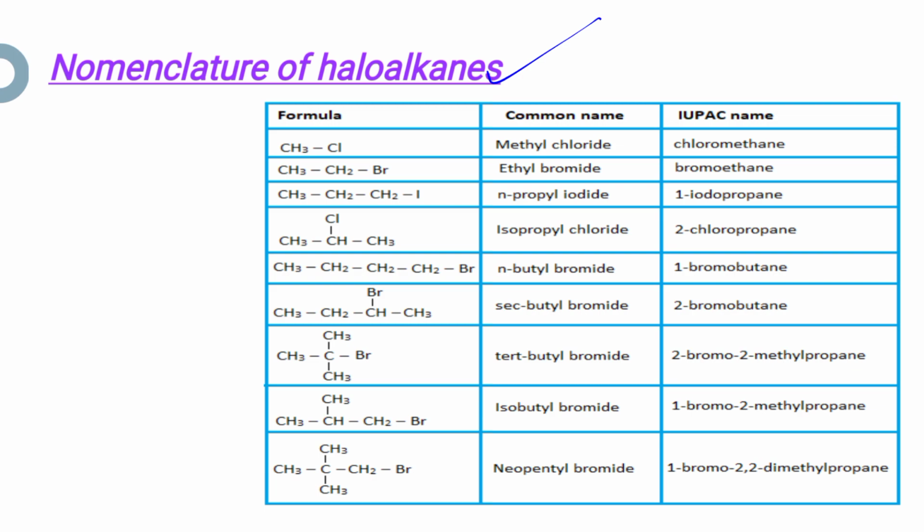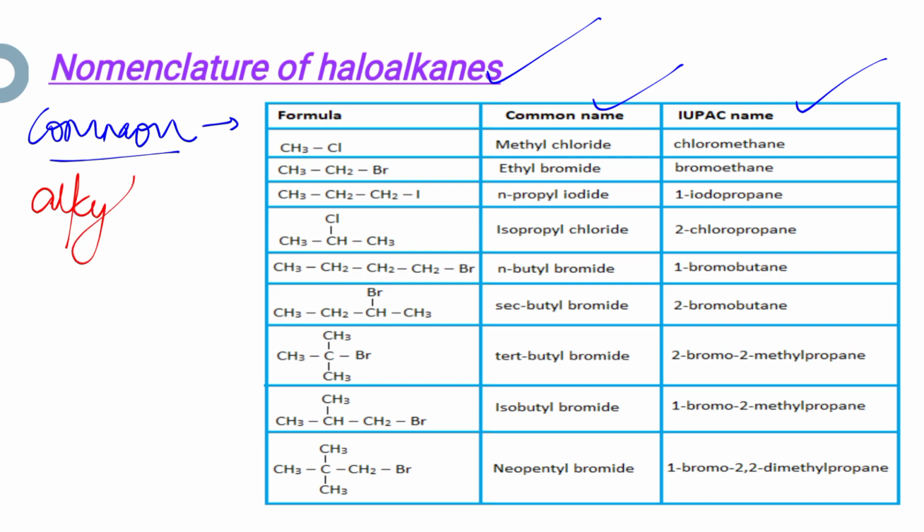Nomenclature of haloalkanes is done with two names, common name and IUPAC. For the common name we should follow the pattern of alkyl halide. For example, here is CH3Cl.